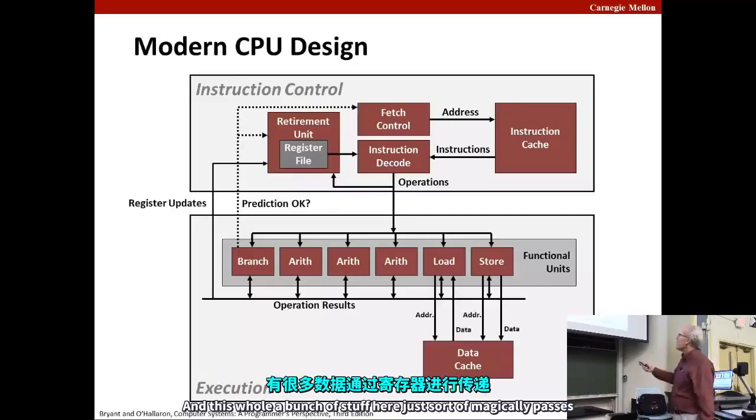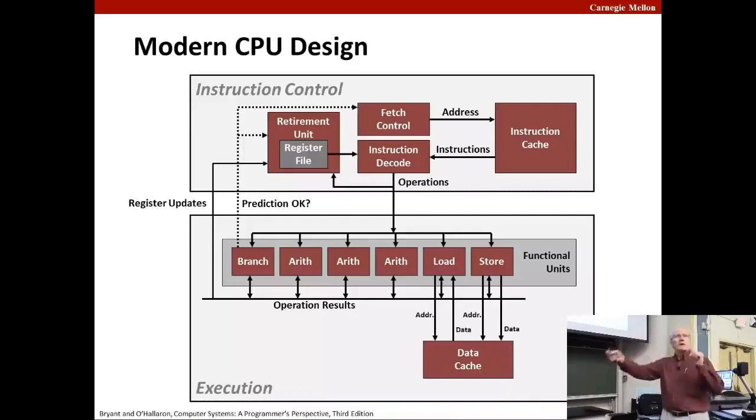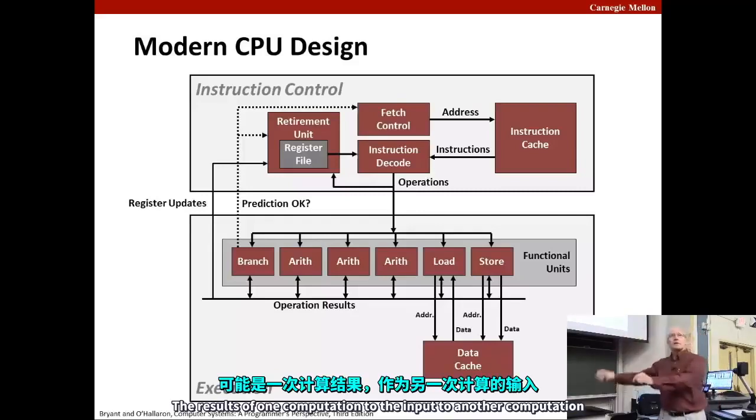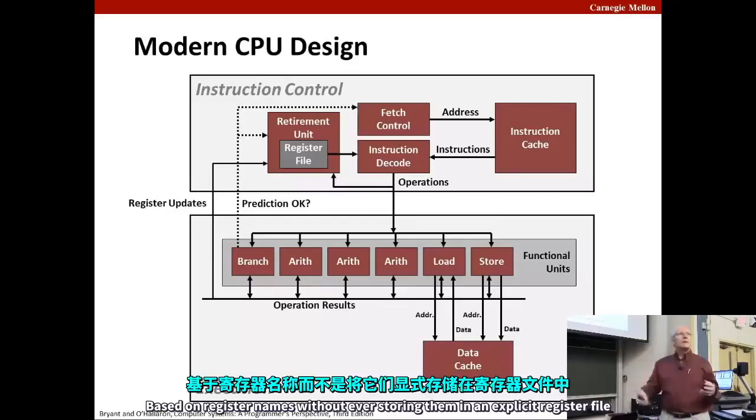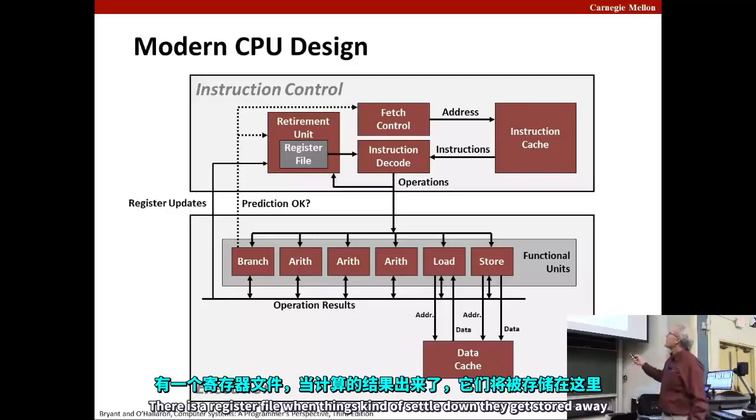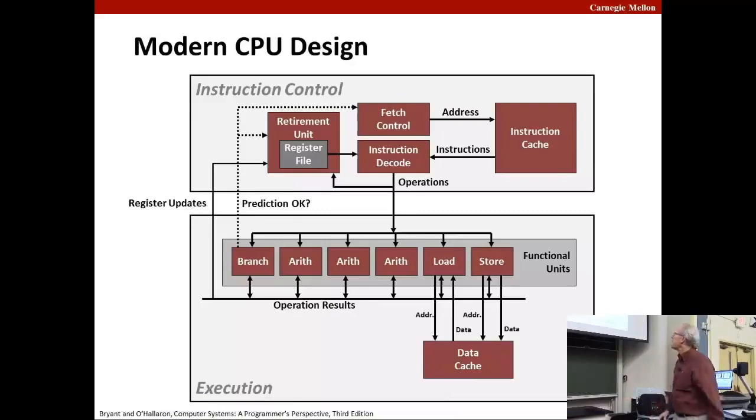And this whole bunch of stuff here just sort of magically passes the results of one computation to the input to another computation based on register names without ever storing them in an explicit register file. There is a register file. When things kind of settle down, they get stored away.